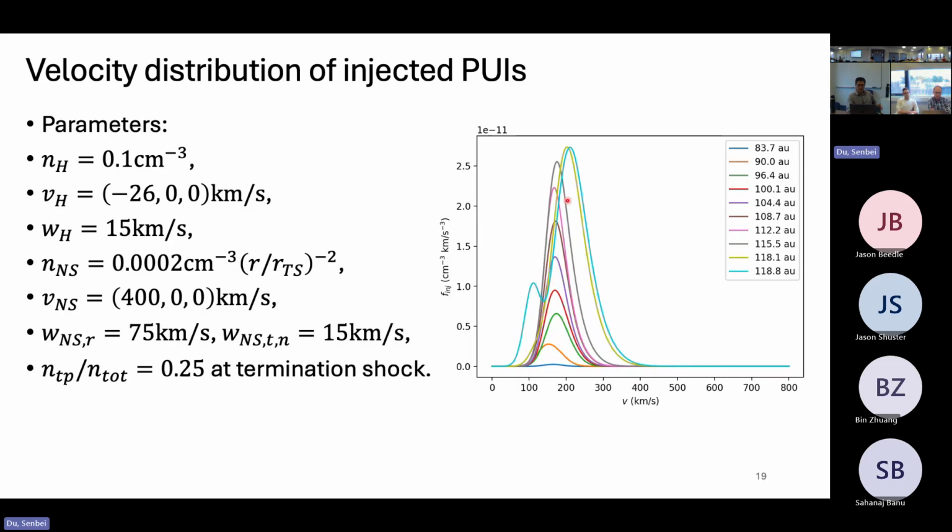And these previously injected pickup ions will be shifted to a higher energy, so the distribution, the peak is shifted to the right because of the compression effect. So we have this two-peak structure near the heliopause.